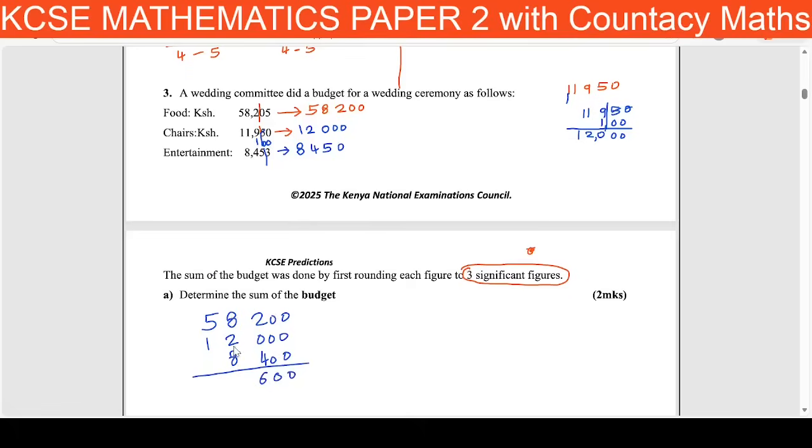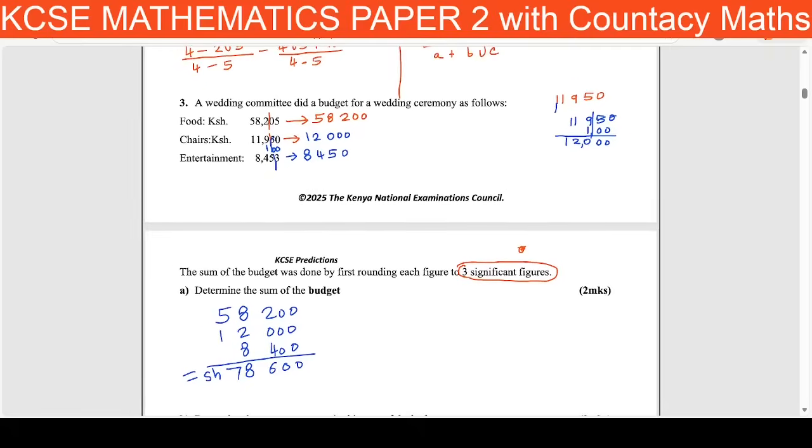We have 8 plus 8, 16 plus 2, 18. 8, we carry 1. 5, 6, 7. 78,600. So that becomes the sum of the budget. The sum of the budget becomes shillings 78,600. That's quite interesting. So let's go ahead and see the second part of the question.